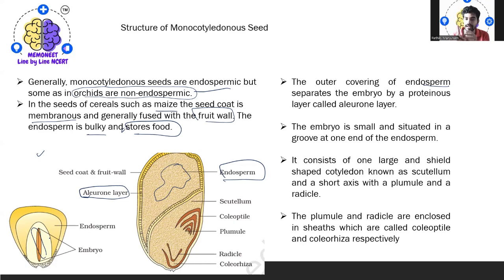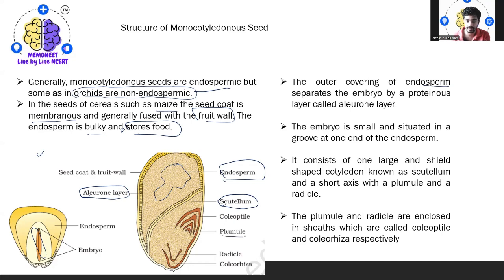It consists of one large and shield-shaped cotyledon known as the scutellum and a short axis. Can you see this scutellum? It consists of the scutellum and a short axis with plumule and radicle.